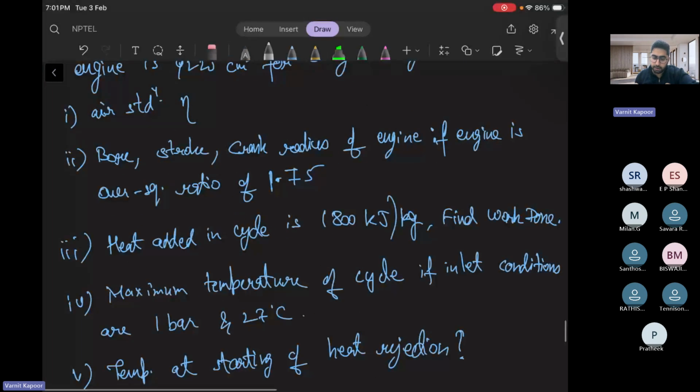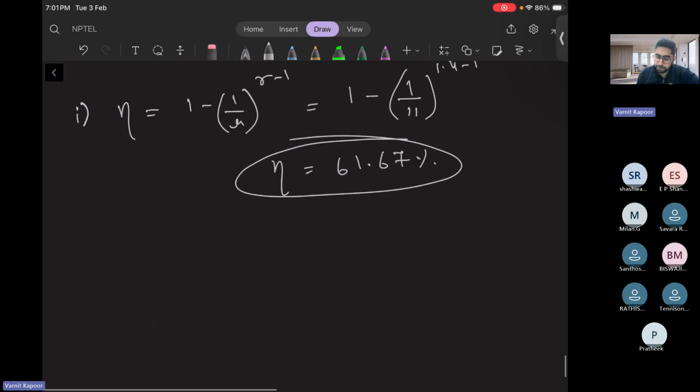Next question. You need to find the bore, that is the diameter of the cylinder. We introduced this terminology in the previous tutorial. The stroke, that is your length L, crank radius, small r of the crank rod, and the over square ratio, that is L by D ratio, is given as 1.75.